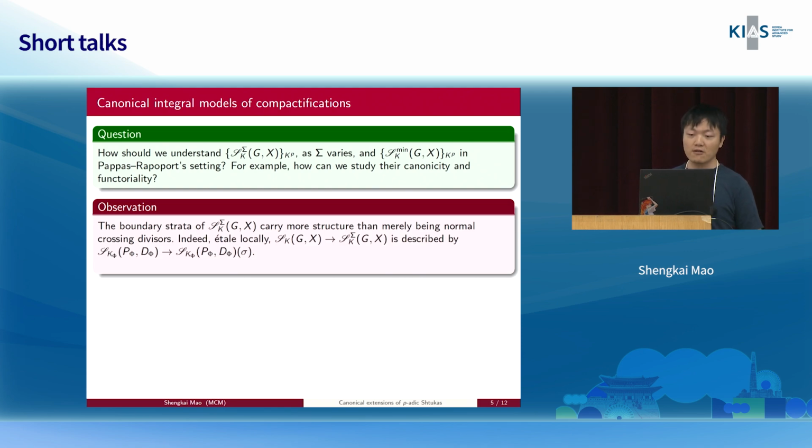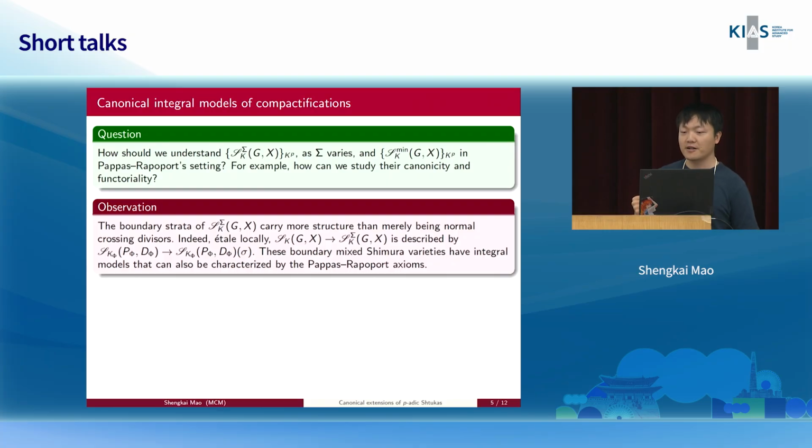To be more precise, étale locally, you can view the toroidal compactification as the compactification of some mixed Shimura variety. In the PEL type and more general Hodge type case, these mixed Shimura varieties are moduli spaces of some degeneration data. So these boundary mixed Shimura varieties have integral models that should also be characterized by Pappas-Rapoport axioms.